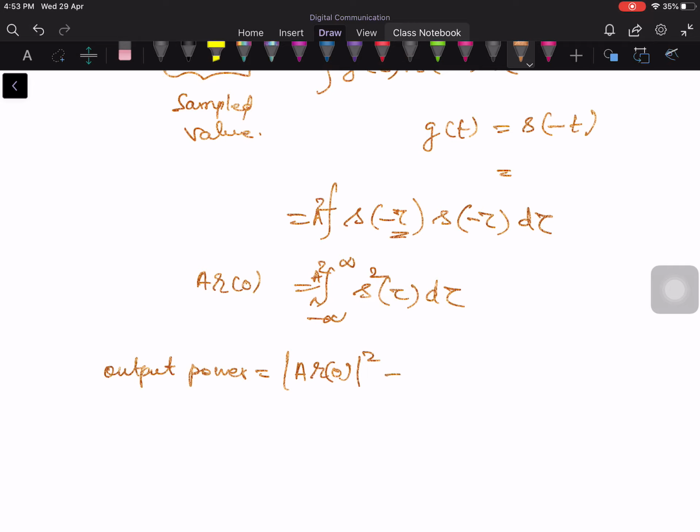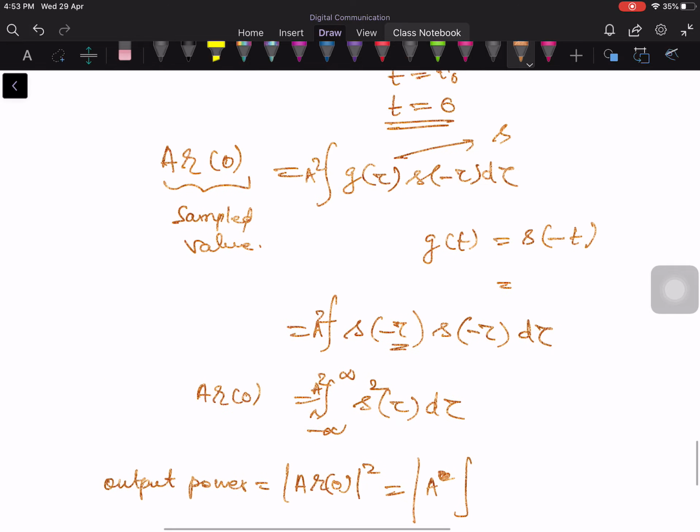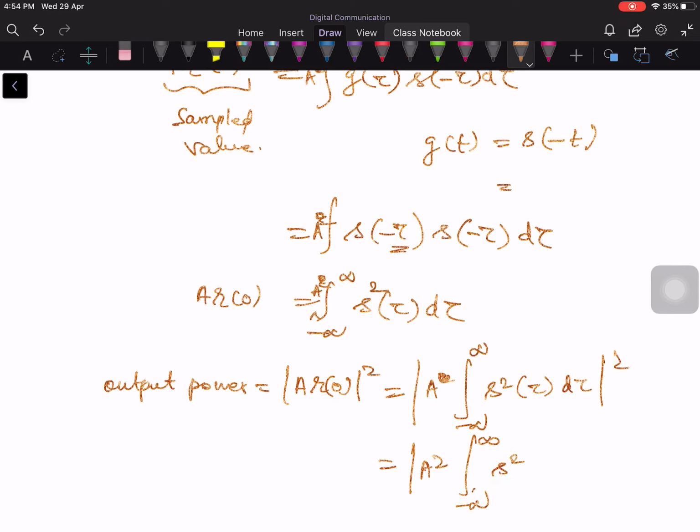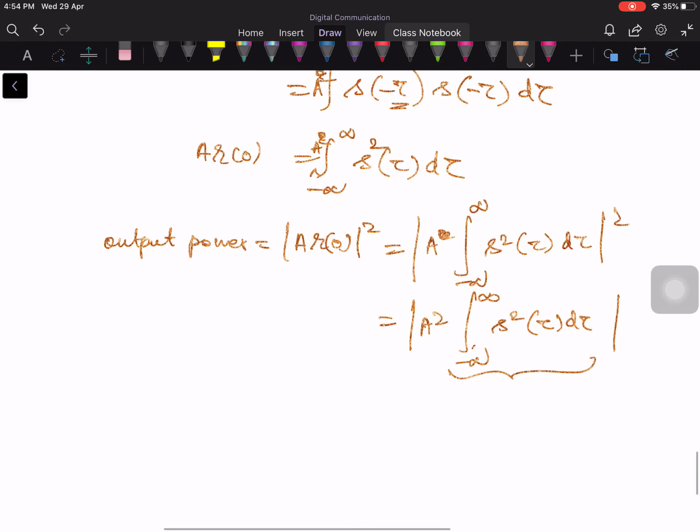This is only A, it can't be a square, so A times the integral of s square(tau) d tau, the whole thing squared. So I can say A square times the integral from minus infinity to plus infinity of s square(tau) d tau, and we assume unit energy, so this is equal to 1.